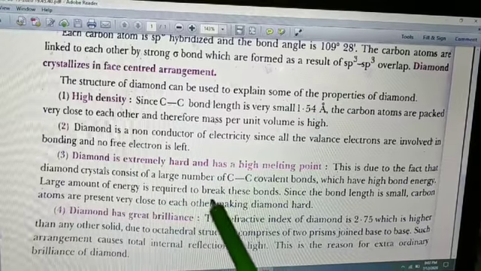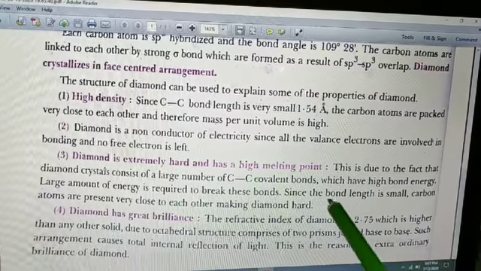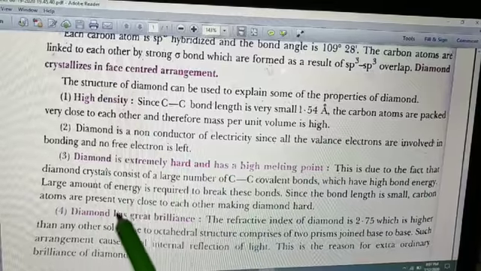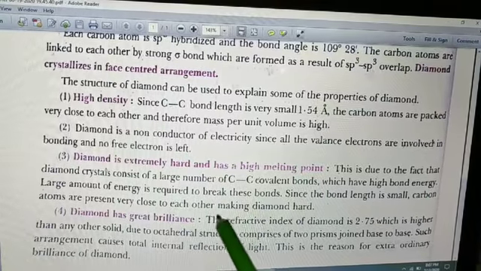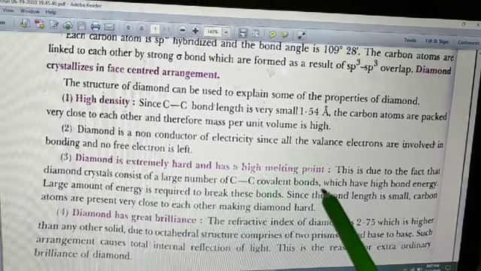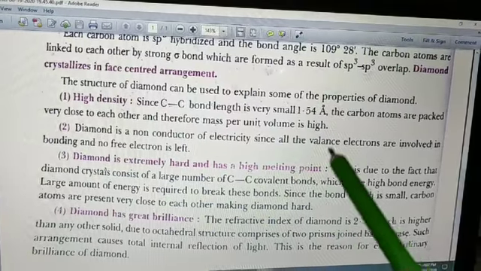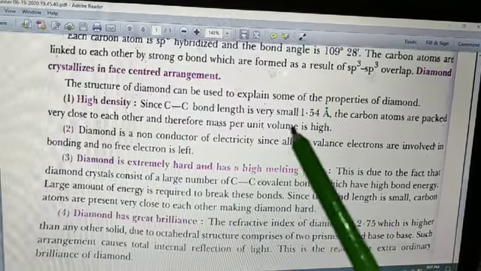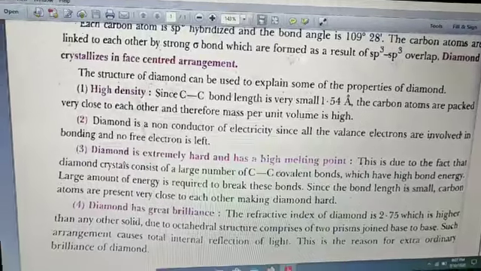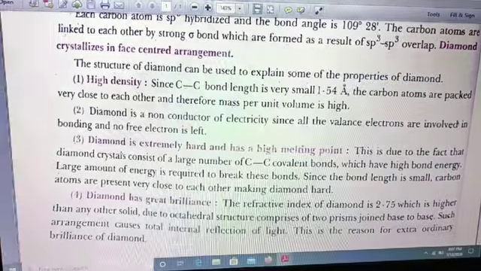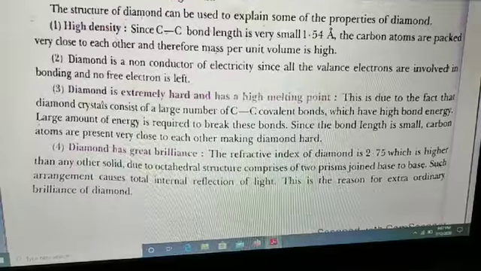A large amount of energy is required to break these bonds. Since the bond length is small, carbon atoms are present very close to each other, making diamond hard. So the hardness of diamond comes from the covalent bonds and the large amount of energy that is required to break them.